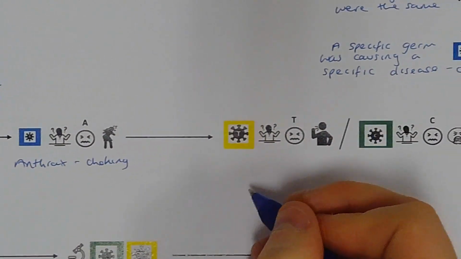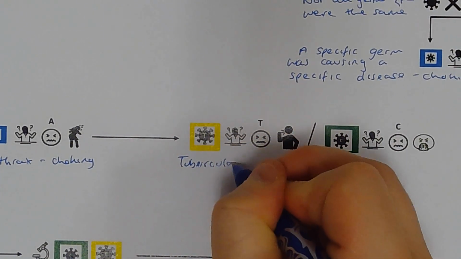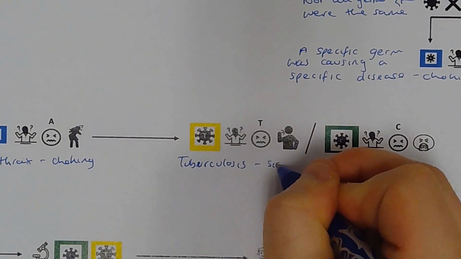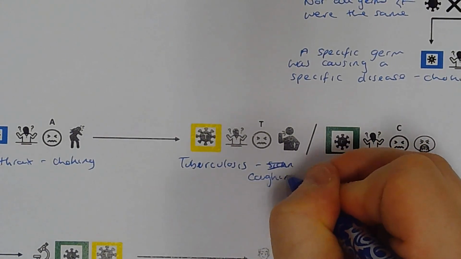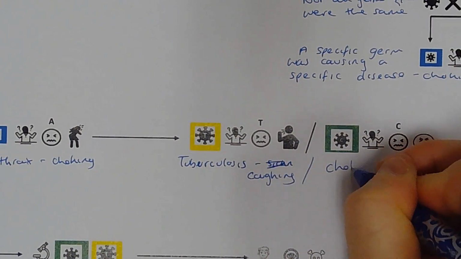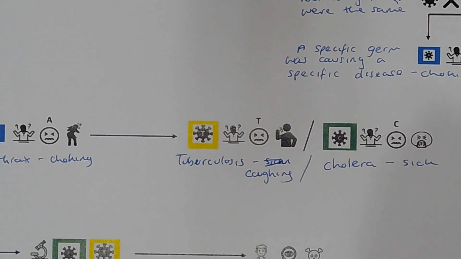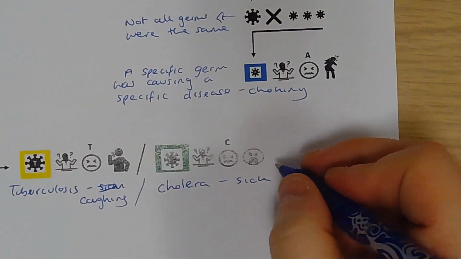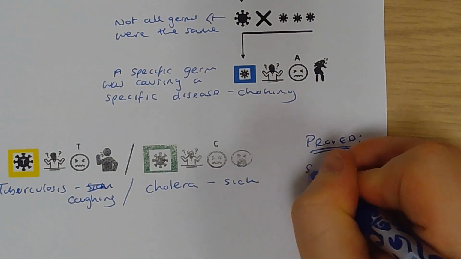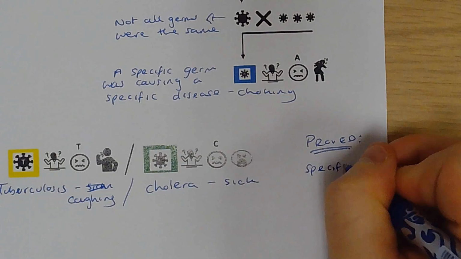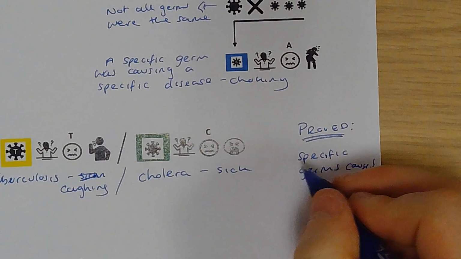He was then able to identify the tuberculosis germ, which caused sickness and coughing. And he was able to identify the cholera germ, and this meant people were sick and gave them diarrhea. So all this proved specific germs caused specific diseases.